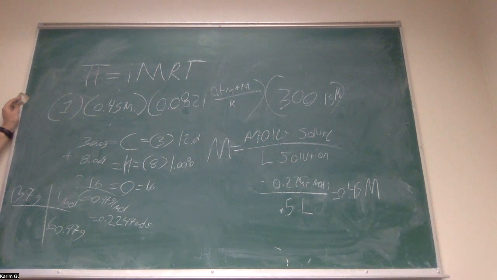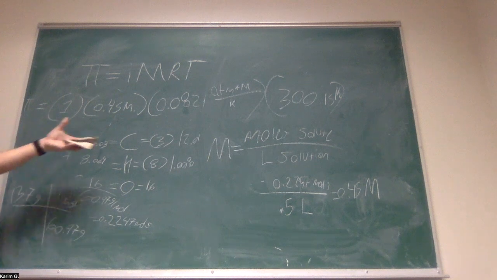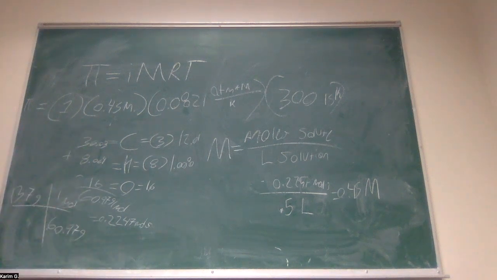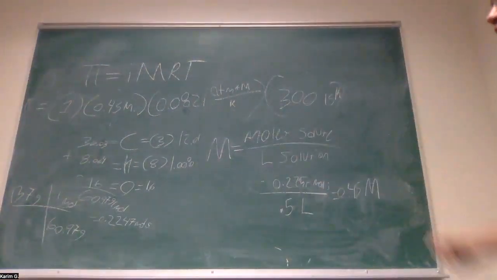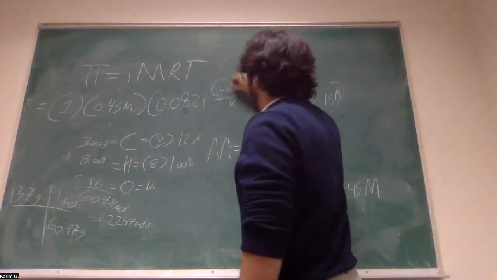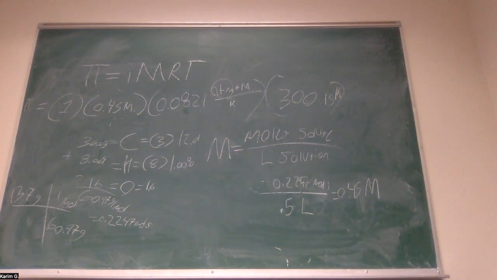When you have ionic bonds, when you have electrolytes, we'll go over a question right now that goes over that. So all you do is just multiply all that good stuff. Then you should get osmotic pressure in atmospheres. So it's 0.45 times 0.0821 times 300.15.